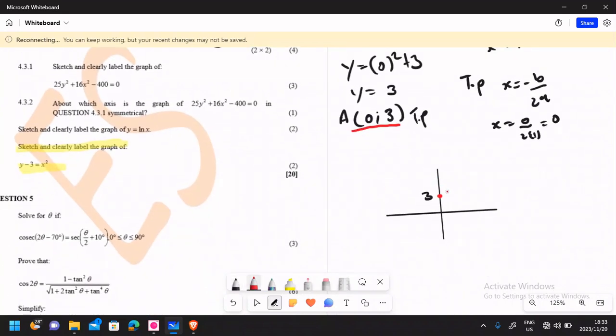Since we don't have the intercept, your graph is gonna turn here, going up like that, and it's gonna turn there, going up like that. That is your graph, guys. So this is 2 marks, y and x, so they mark the intercept and also the shape of the graph. I hope you guys understood how we do this one.